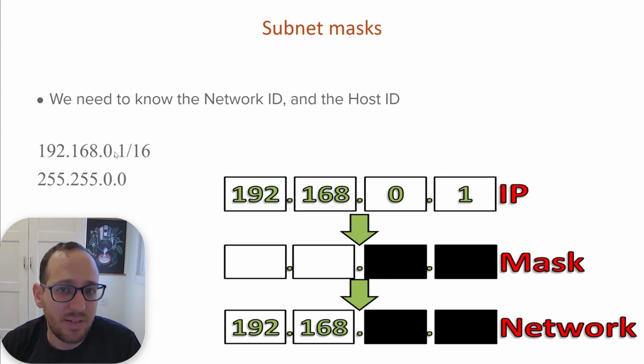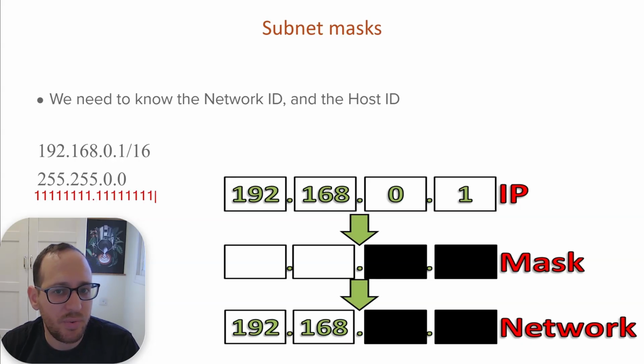There are different ways to notate a subnet mask. One is with this slash number of bits notation. The other is to have a mask written like this in decimal form, where all the bits that are on are the significant bits that are part of the network ID. So if I take 255 and convert it to binary, I get eight 1s, and then another eight 1s, and then 0, 0.